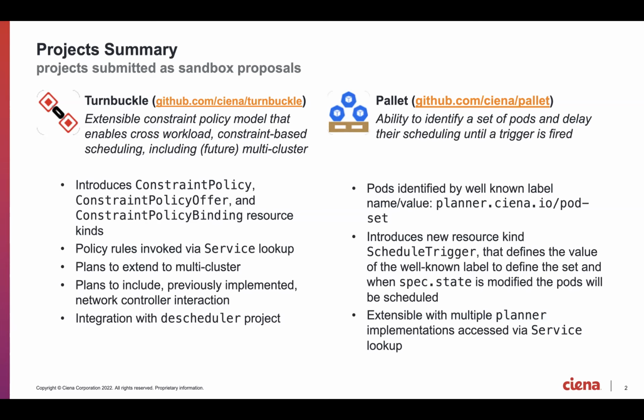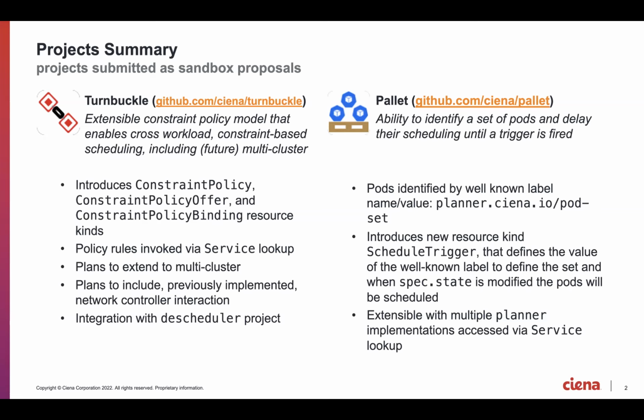Got it. So what's an example? For example, if you have a constraint policy of latency, that workloads need to receive a networking request with a certain amount of latency, how would you use Pallet for that? Like, you schedule more pods together or something? Right.